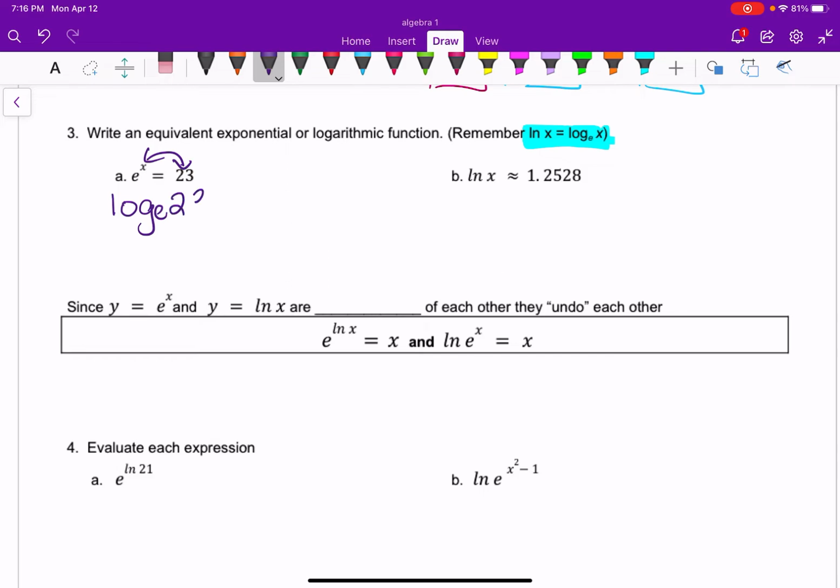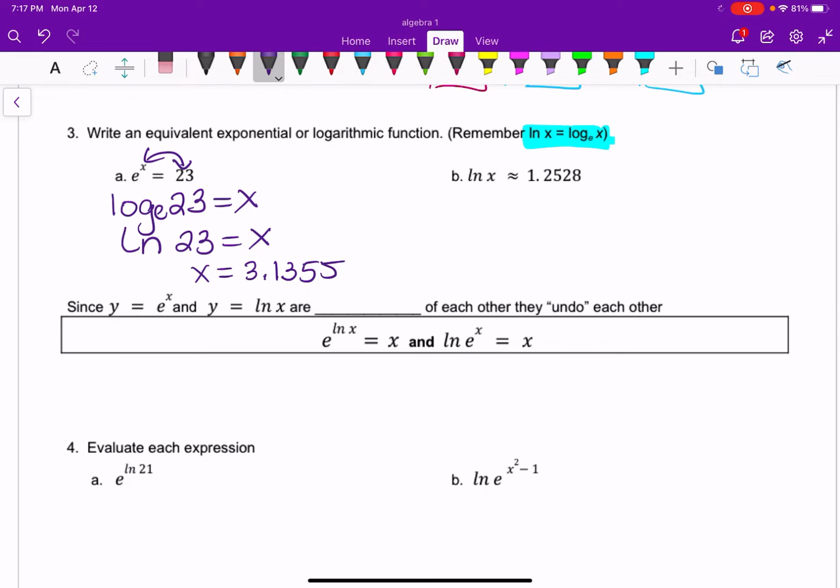This is 23 equals x. Well, log base e we can easily use our calculator for. That's just ln of 23 equals x. So in this case, x equals approximately 3.1355.